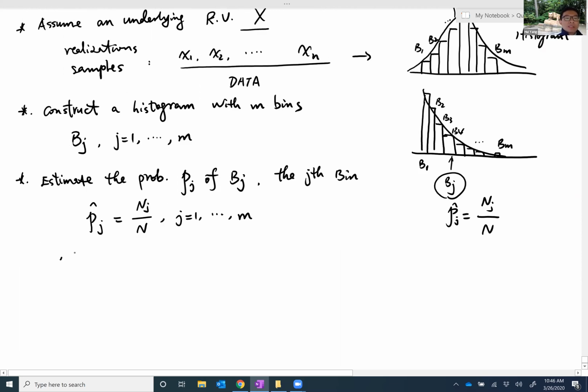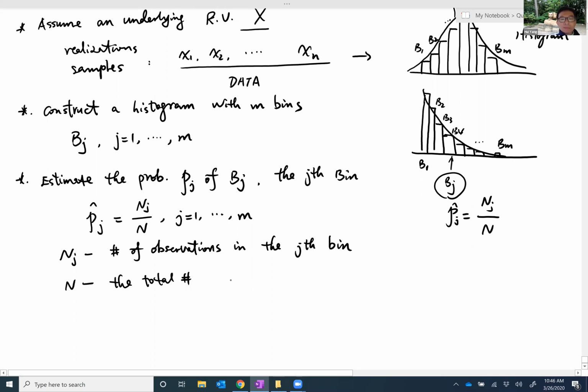What is Nj? Nj is the number of observations in the j-th bin, and N is the total number of observations.